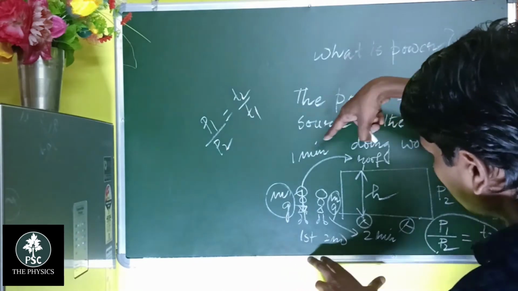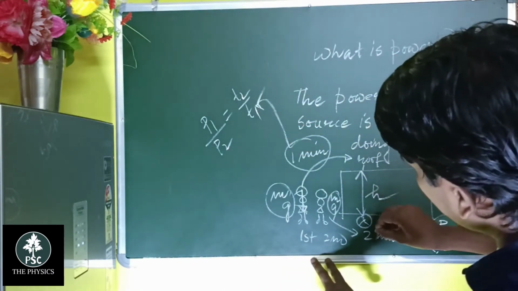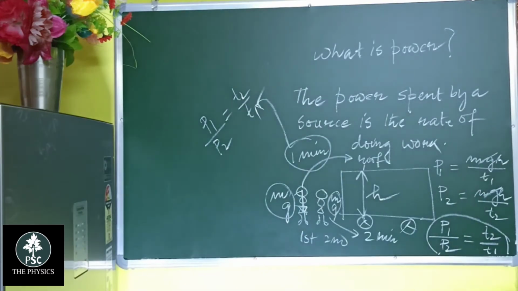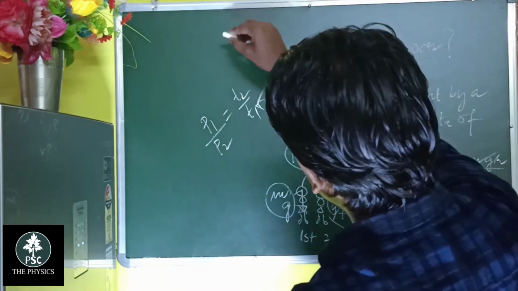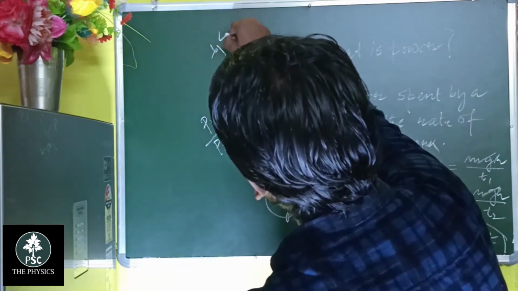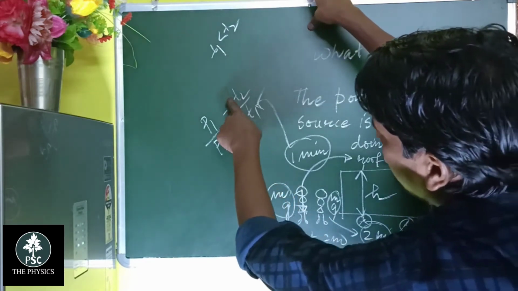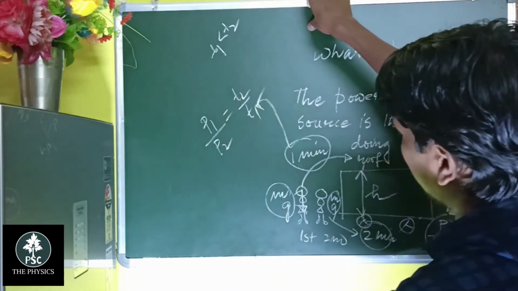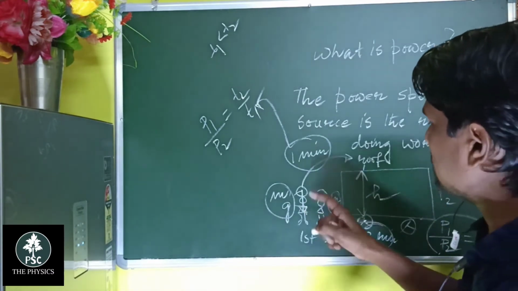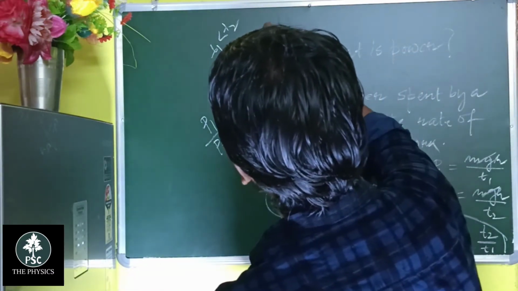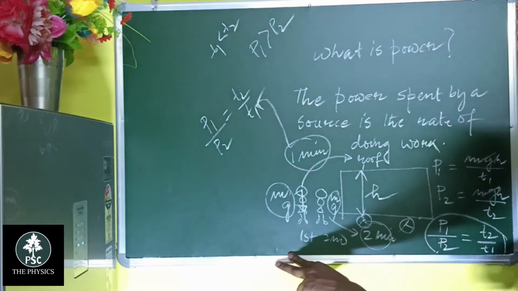Since T1 is 1 minute and T2 is 2 minutes, T1 is less than T2, and T2 is greater. That's why P1 is greater. So you can say that the power of 1 is greater than the power of 2, since T2 is greater than T1.